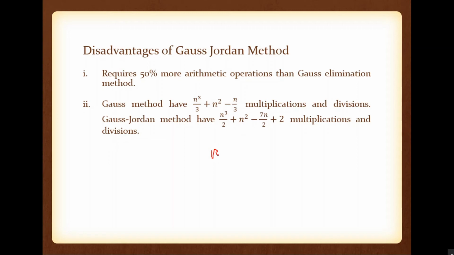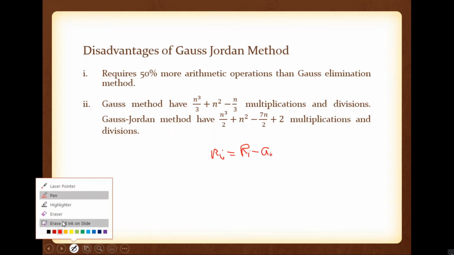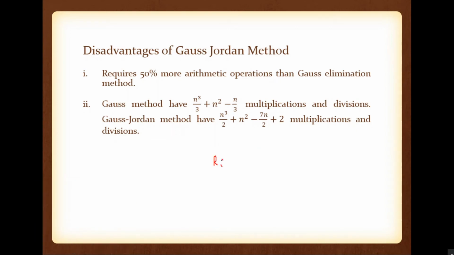First step is Ri equals 1 by Aii into Ri. Then we have to perform the ith elimination.